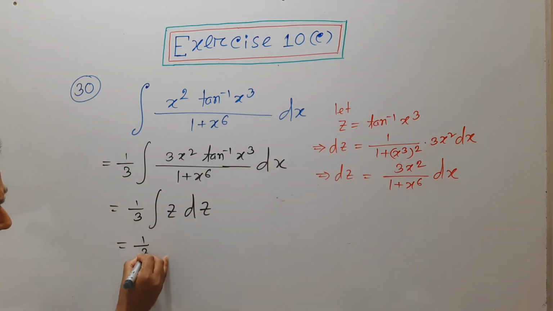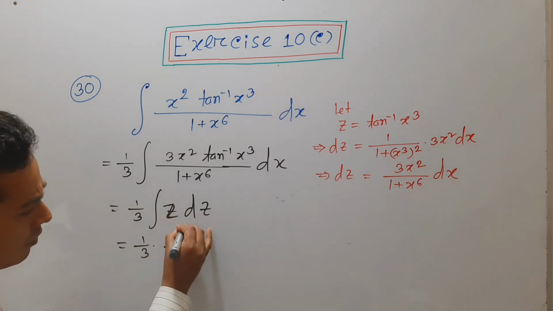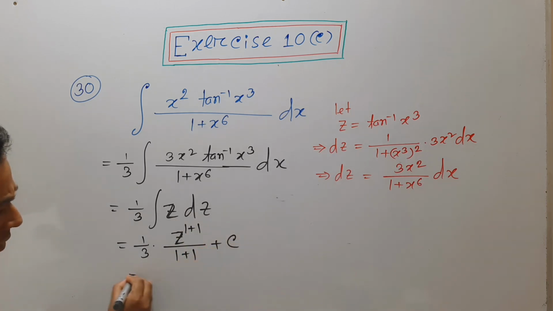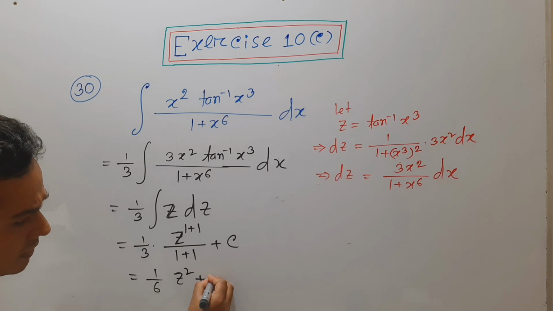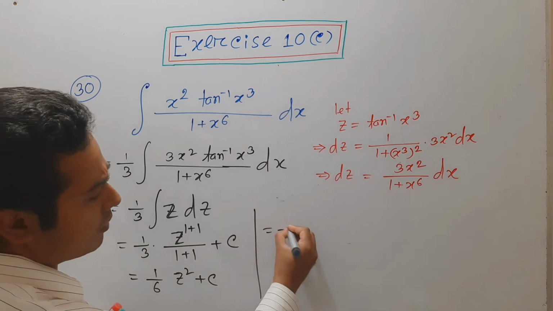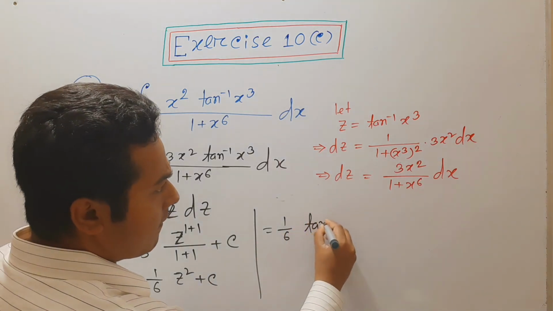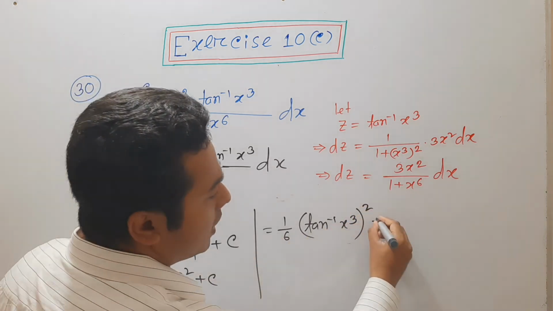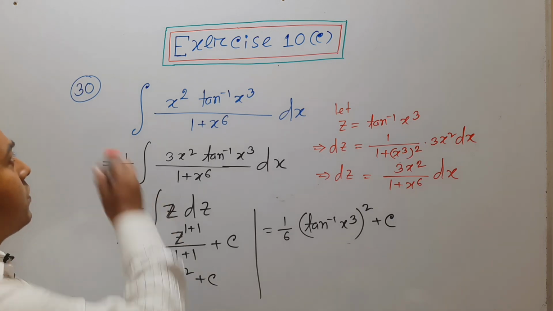Okay, here z to the power 1 plus 1 divided by 1 plus 1 plus c. Here it is 2 and this is 3, so 1 by 6 z square plus c. Now 1 by 6 tan inverse x cube whole square plus c. Okay, this is our answer of question number 30.